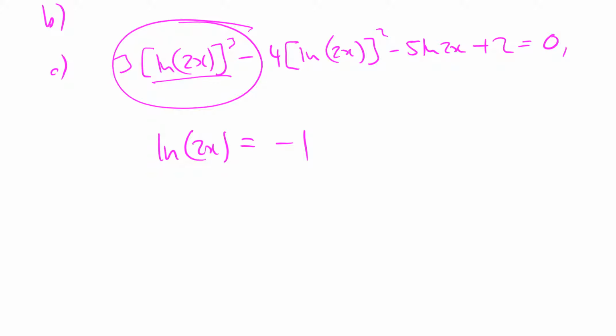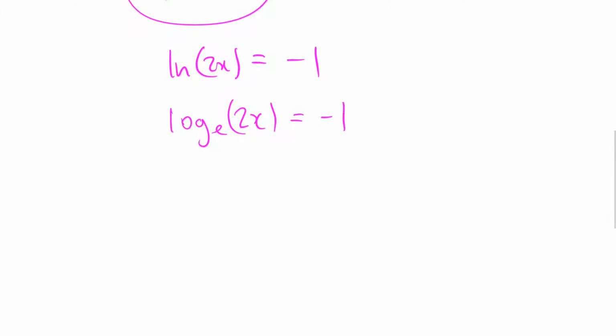Remember ln is a short way of saying log base e. So it's basically saying that you could put a bracket, I suppose you should, equals minus 1. What do we know about logs? What's another way of writing this, log e 2x?